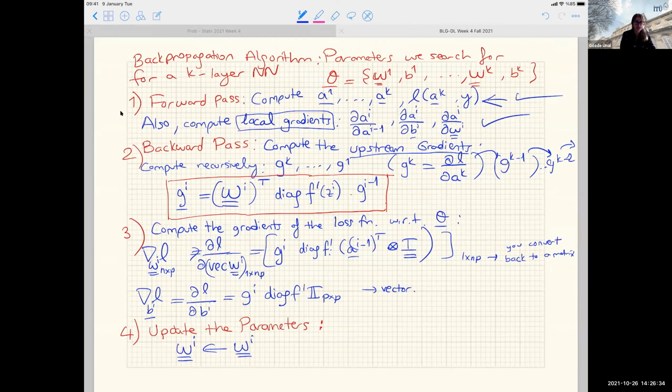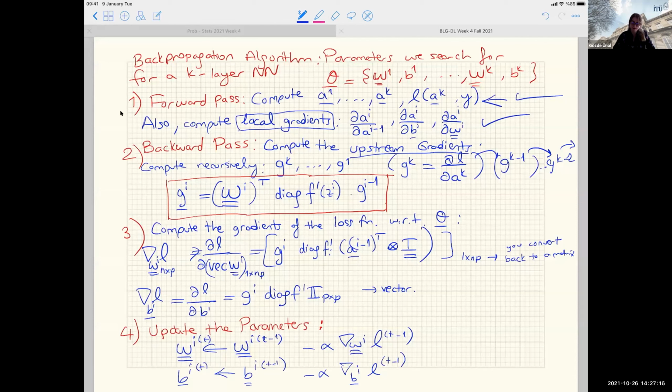So probably we should say iteration step t, t minus 1, minus alpha. I'm just showing my vanilla stochastic gradient descent, but you guys get the point. You already know you can do different things here. Gradient of the loss at the previous time point, t minus 1, say. Do the same for b_i at time t: b_i at time t minus 1 minus alpha gradient b_i, loss at the previous time point.